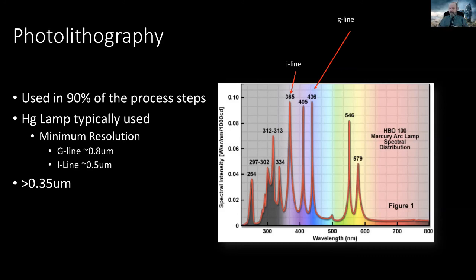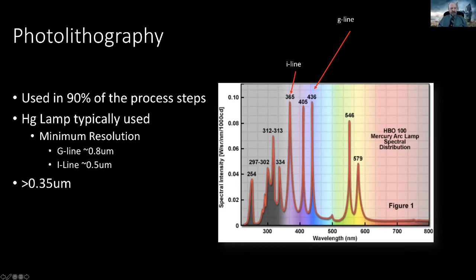The price of a G-line stepper, maybe $500,000 or something like that. The price of an I-line stepper was $4 million. And the lens by itself was $2.5 million. Okay. So when you go to smaller geometries, you have to have better equipment, better materials for projecting and all of that. Okay.